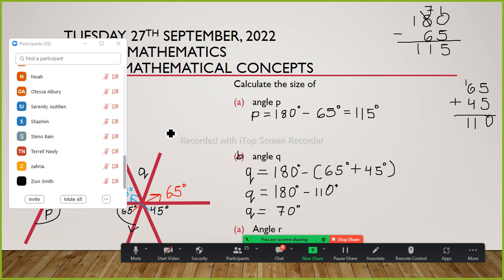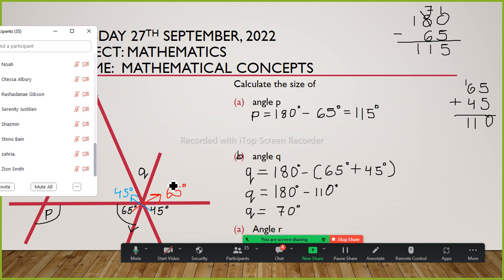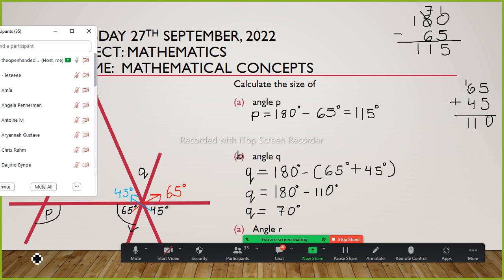Did we have to redraw the triangle? Yeah, redraw the triangle, please, because this is another example. Mr. Terrell, are you following me? Do you understand how we got 65 for the side?